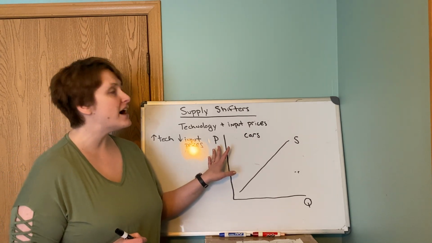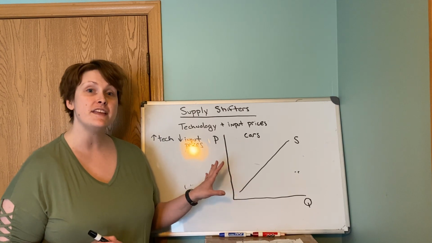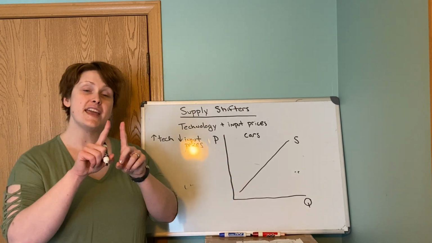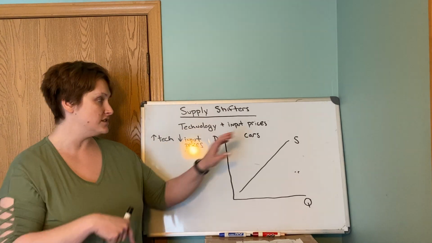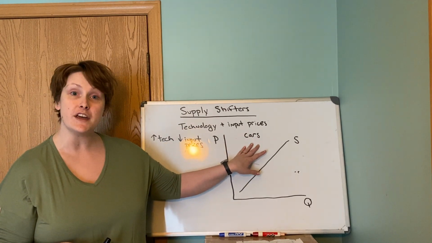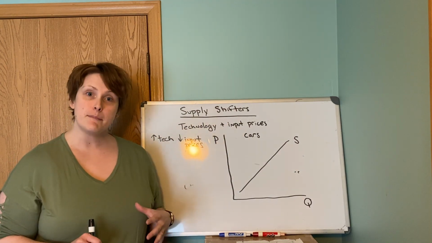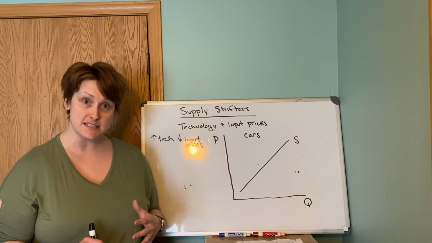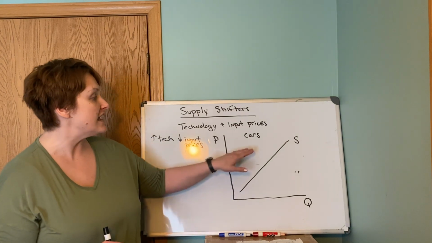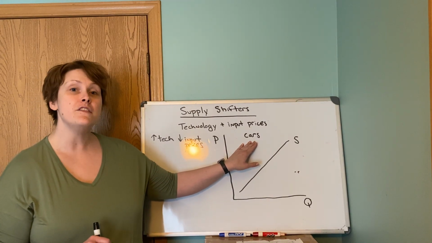We're not talking about a change in the price of cars, but what we're talking about in this example is if we have an increase in technology, then our input prices, so in this case steel that goes into making cars, decrease. So what that means is because that input price decreases, we're going to see an increase in the value of cars.